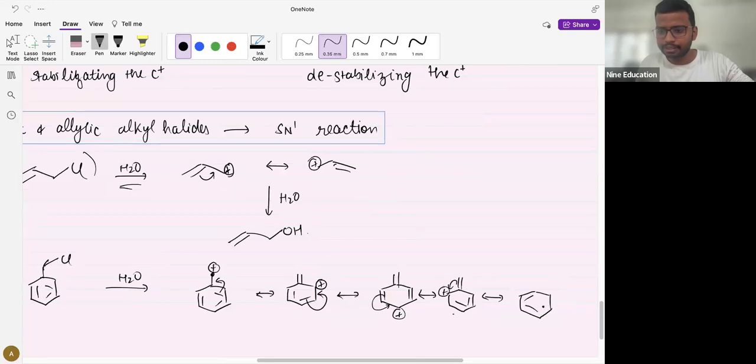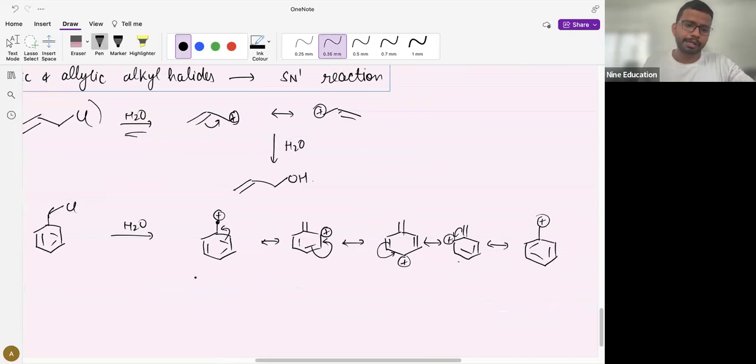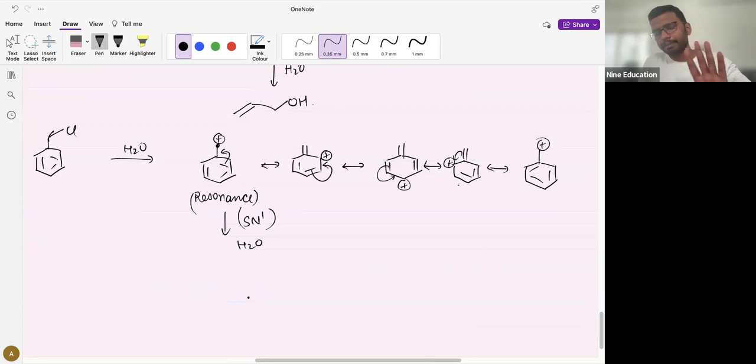And lastly, this our main carbocation is more stable by resonance, resonating structures. And now therefore this carbocation will be made by SN1 reaction. यहाँ पर SN1 होगा. जहां पर भी कार्बोकटाइन स्टेबल होता है वहां पर SN1 रिएक्शन होता है. रिमेंबर बेटा.